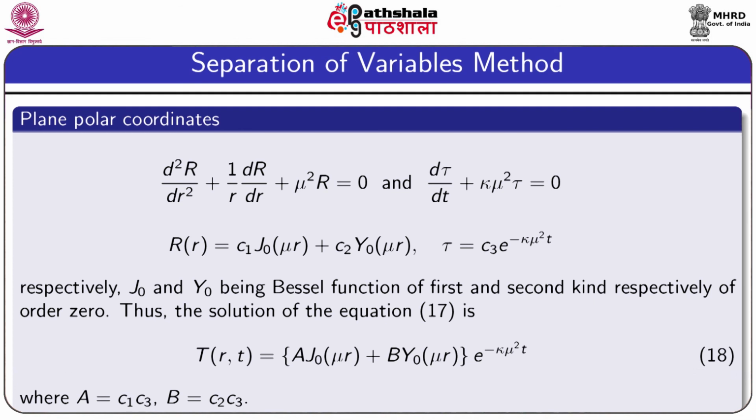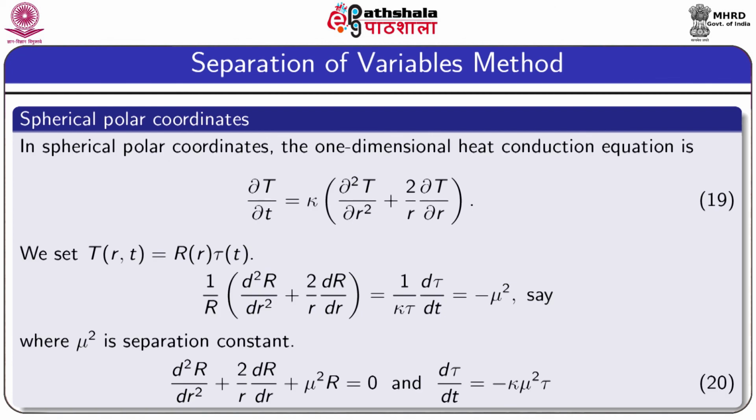Thus, the required solution of the equation is capital T equals (A J0 plus B Y0) times e to the power minus kappa mu square t, where capital A equals C1 C3 and capital B equals C2 C3.